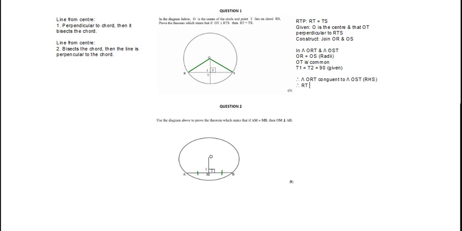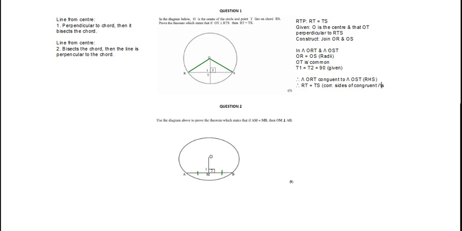RT is indeed equal to TS, as they are corresponding sides of congruent triangles.